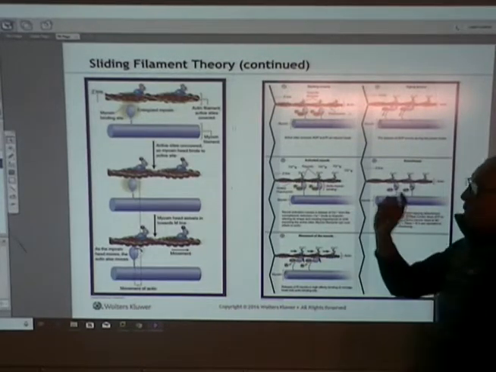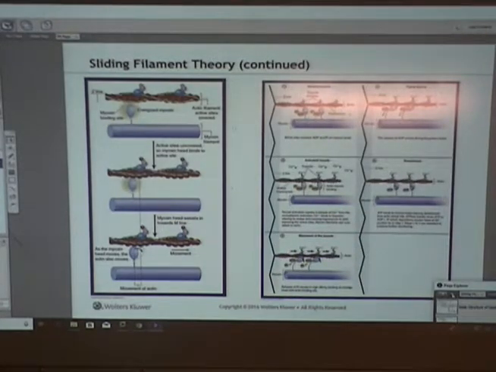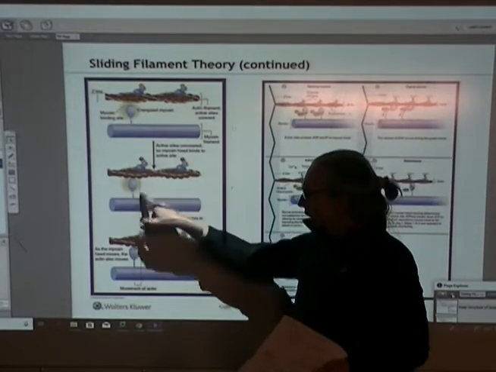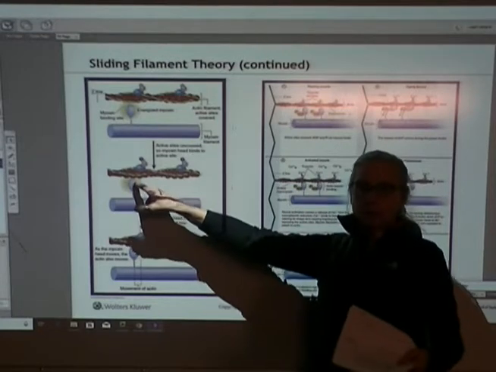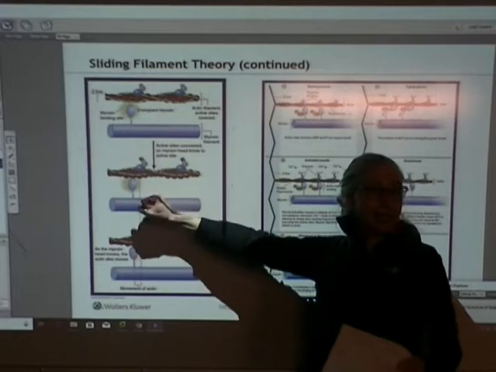All right. What we have to pay attention to is, remember that we've spent a lot of time looking at system 1, system 2, system 3 in order to make ATP for muscle contraction. Where the ATP comes in is around the myosin head. Remember, the myosin is made of ATPase. That head, that globular head, is ATPase.